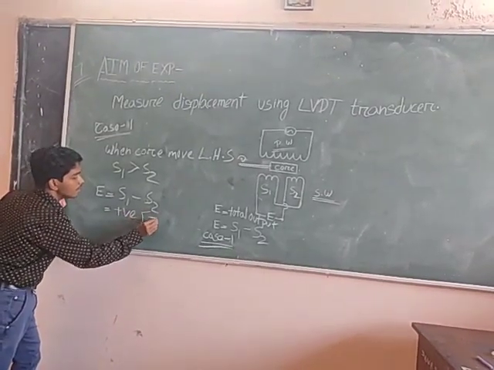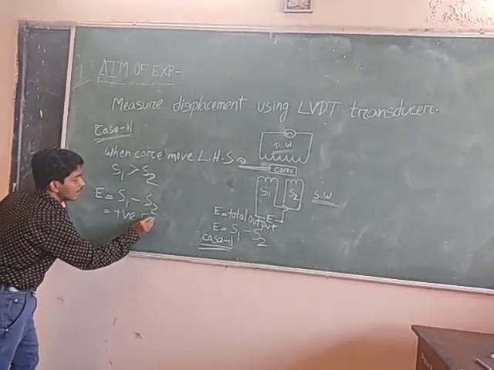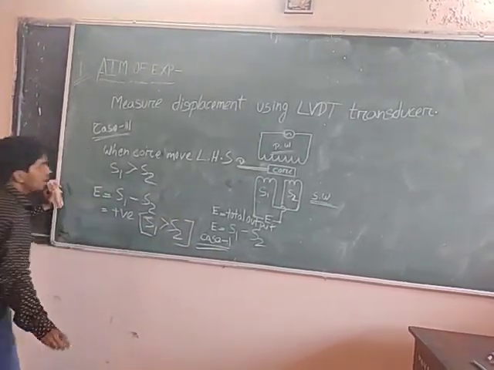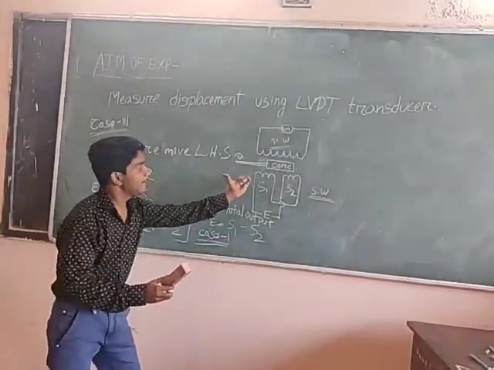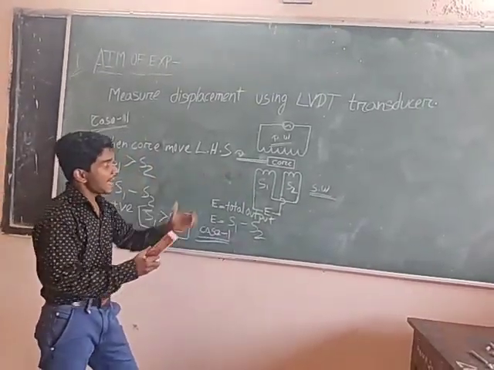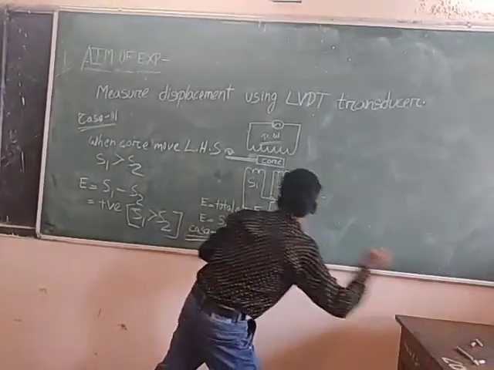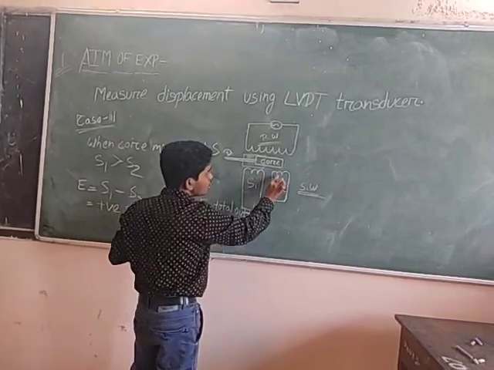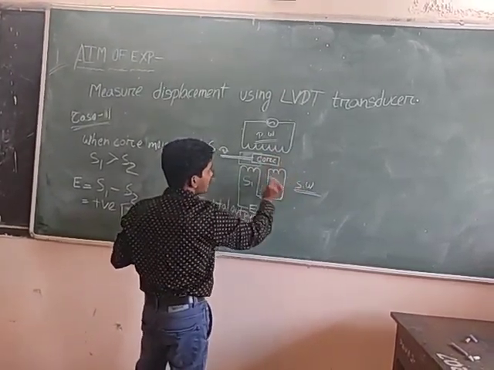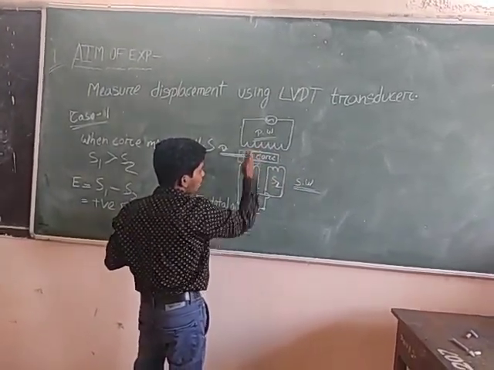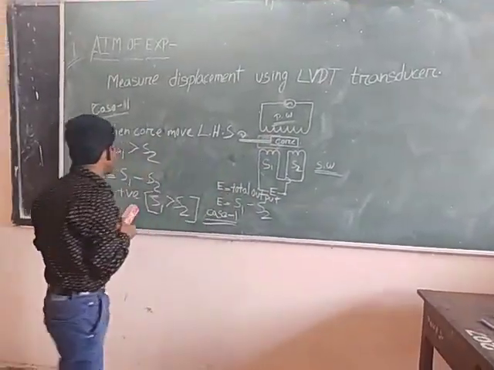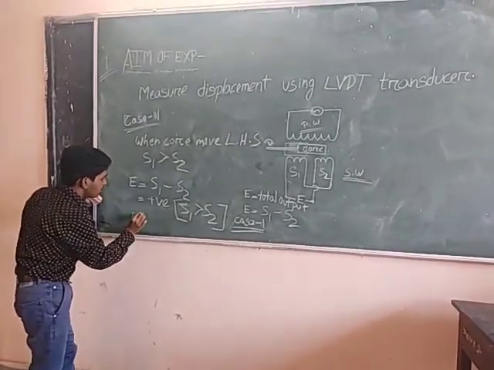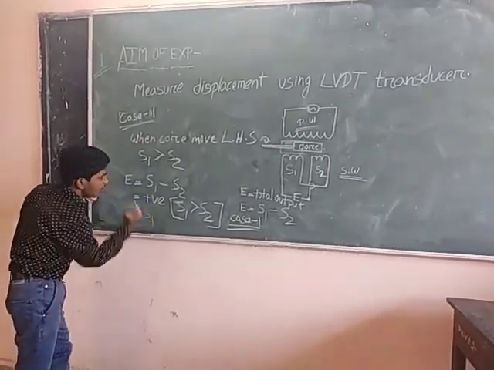When the core moves further left, at one point the core is wholly over S1, and no current is supplied there. So at the last point, the maximum value of E on the left hand side, E is equal to S1.